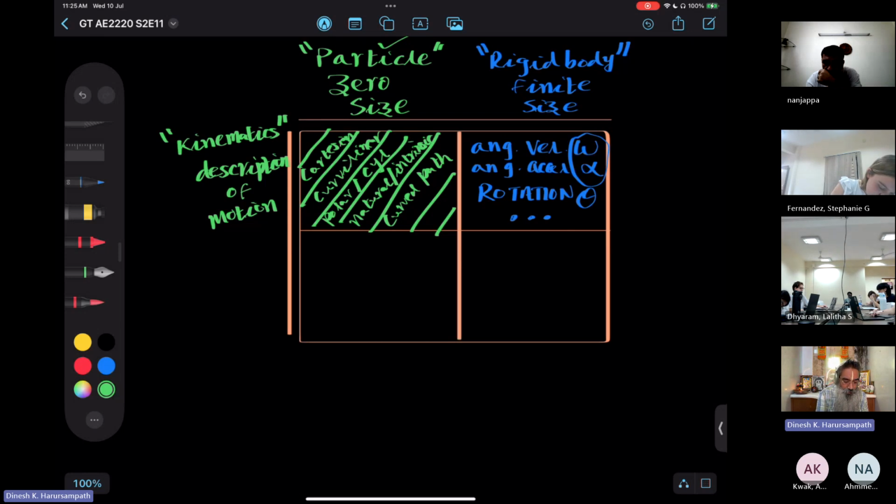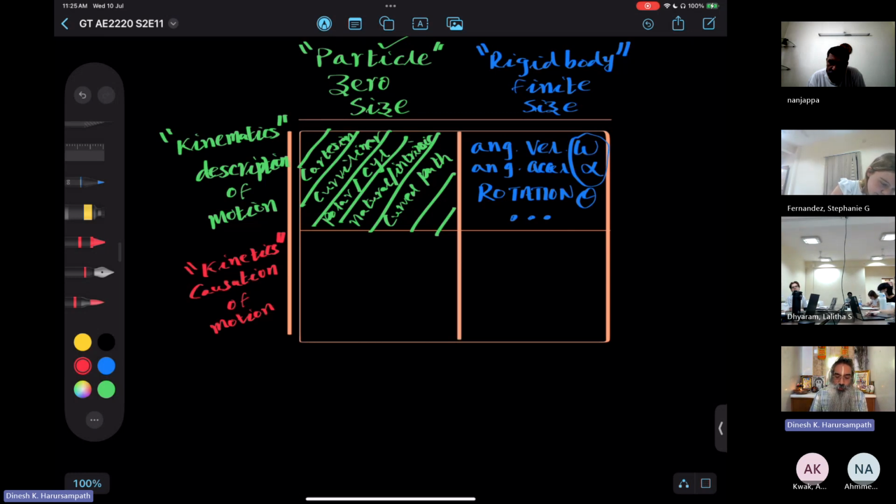Once we are done with that, we will venture into the third aspect, which is not just the description of motion, but the causation of motion, which, as you might recollect, we introduced just as terminology earlier, namely the kinetics. That is where we will invoke two kinds of laws.